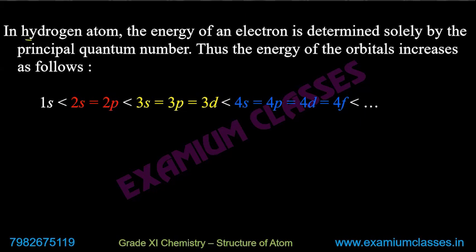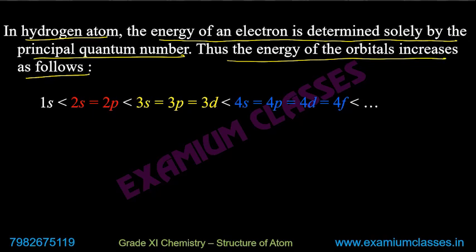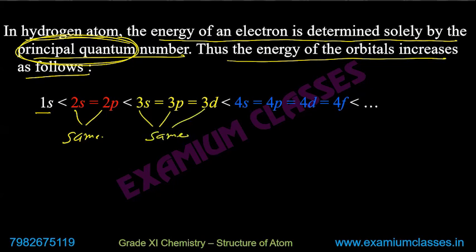However, for the hydrogen atom, the energy of an electron is determined solely by the principal quantum number. Thus, the energy of orbitals increases as follows: 1s, then 2s and 2p will be the same. Why? Because energy is decided only by the principal quantum number, and the principal quantum number is the same in 2s and 2p. Similarly, here 3, 3, 3, same principal quantum number, and energy in the hydrogen atom is decided by only the principal quantum number.